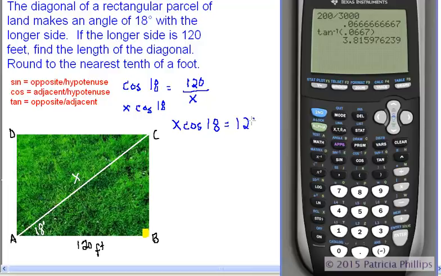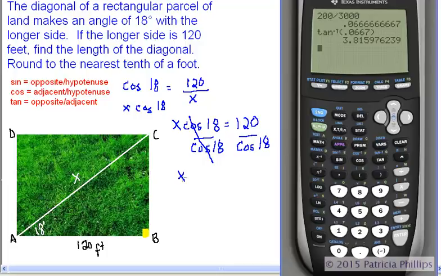But we still don't know what x is, so we're going to divide both sides by the cosine of 18. Cosine of 18 divided by cosine of 18 cancels out. X is going to equal 120 over the cosine of 18.